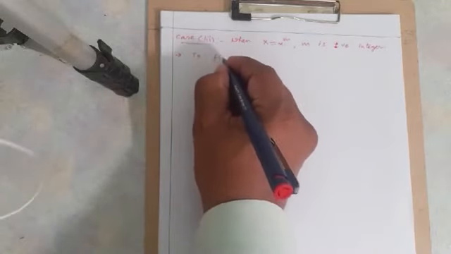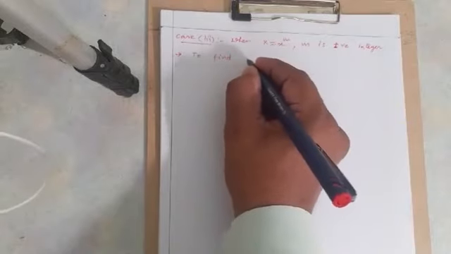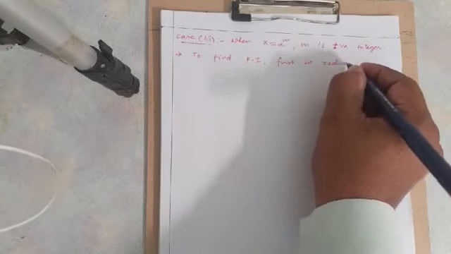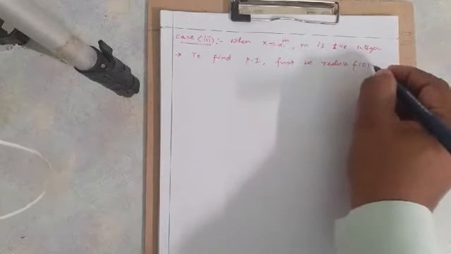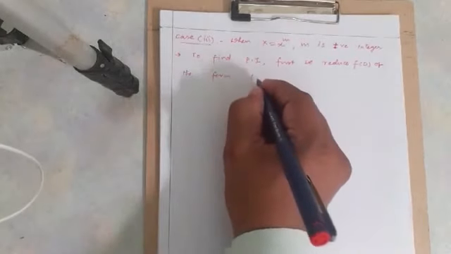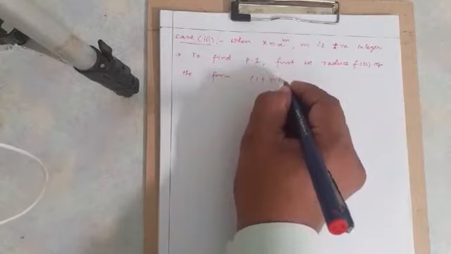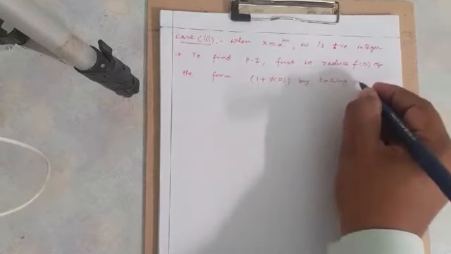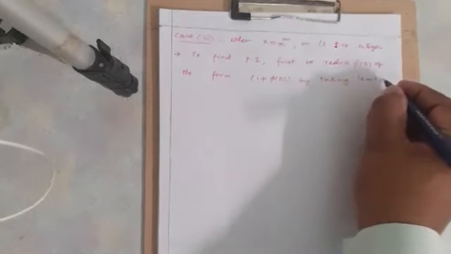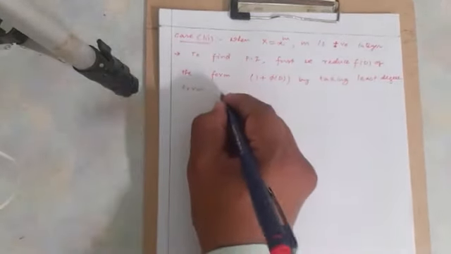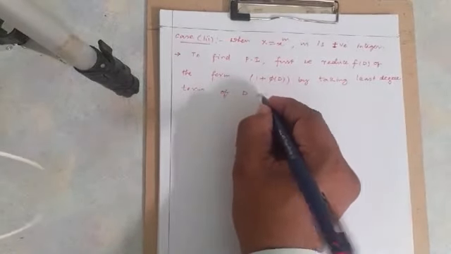When a problem is given in case 3, first we reduce f of D to the form 1 plus phi of D by taking the least degree term of capital D as common.